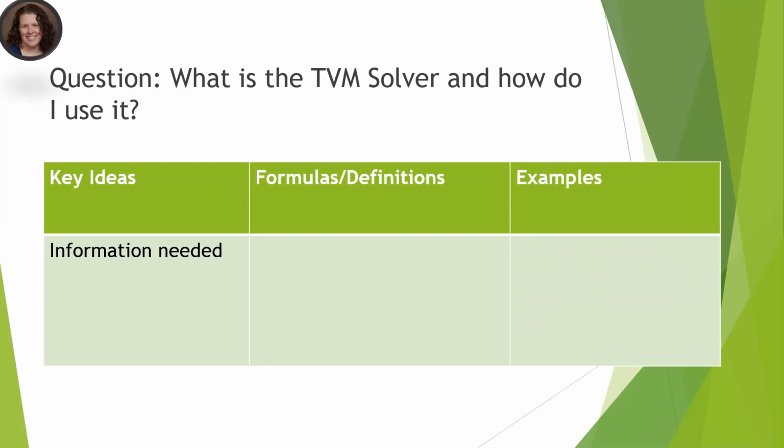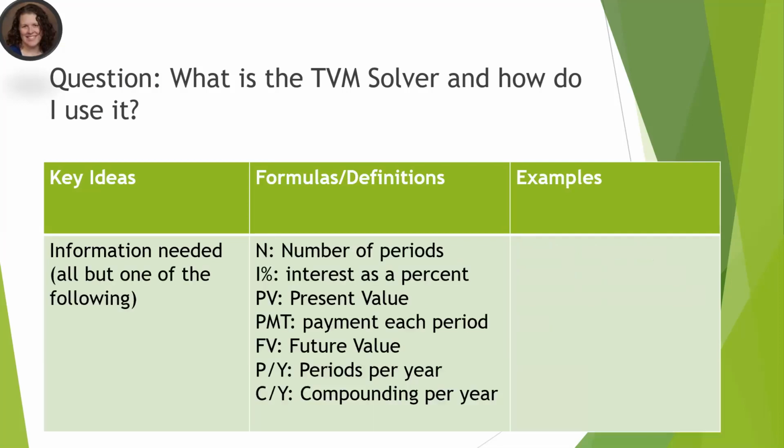And to use our solver, you're going to need some information. You're going to need all but one of the following. You're going to need to know the number of periods that you're saving or borrowing money. Is it 5 years? Is it 24 months? You need to know what your interest rate is as a percent. So you'd put in 5% if it's 5%.